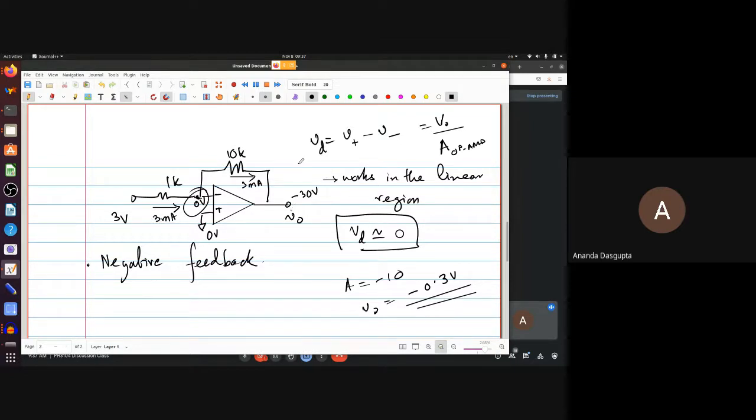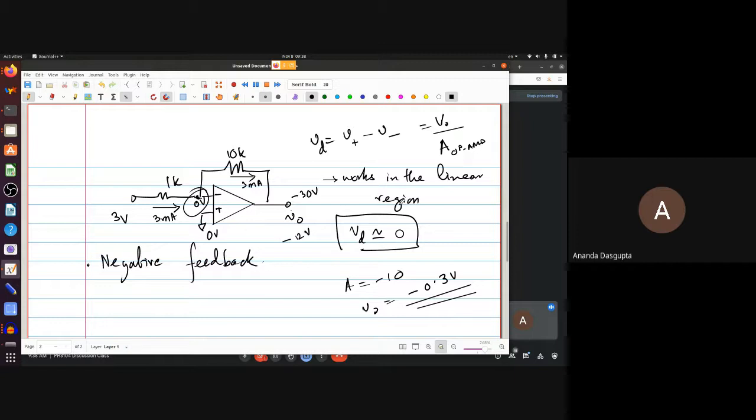It tells us that the output will be minus 30 volts, whereas we know that the output cannot go beyond minus 12. In fact, it won't even go to minus 12, it will go to somewhere around minus 11.5 or so. So basically, this statement that VD is negligible works only in the linear region, when the op-amp is actually behaving like an amplifier, that is, the output is proportional to the input.